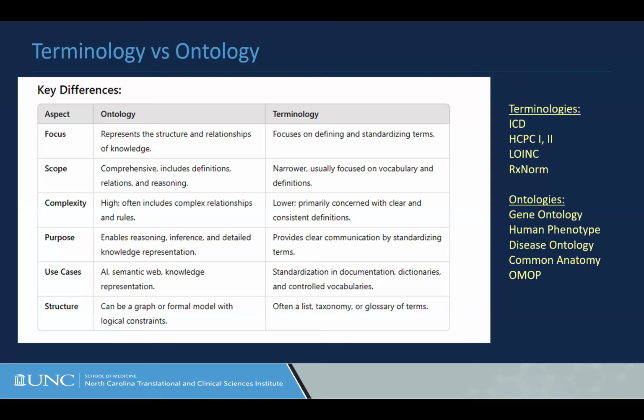So you're thinking of a much more network style representation with edges, nodes, vertices, all of the structures that show much more complex hierarchical and interrelated relationships than you would get from the tabular structure of a terminology.